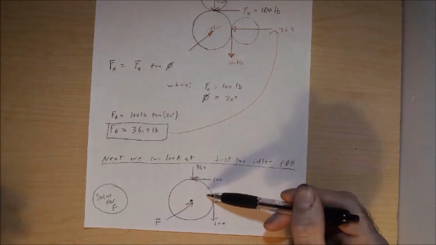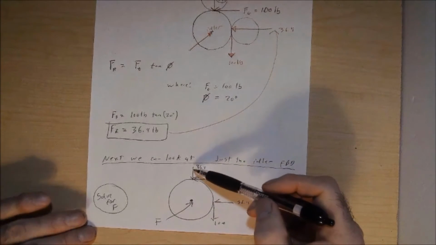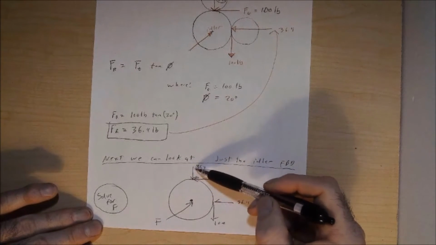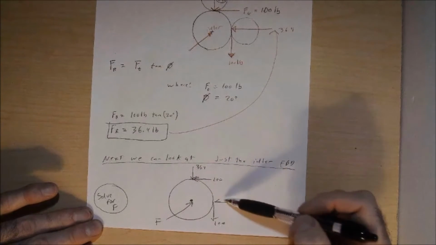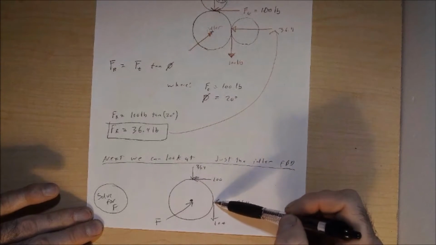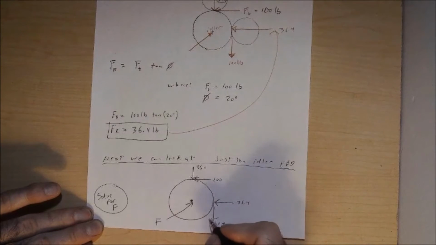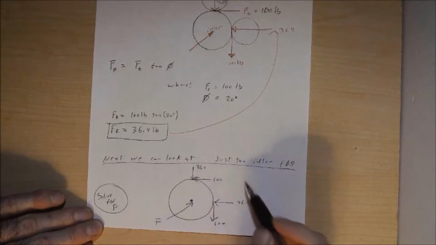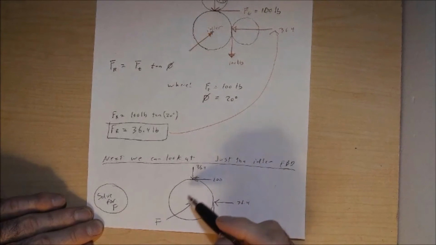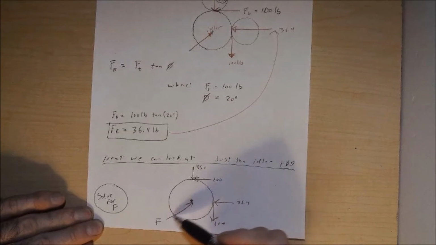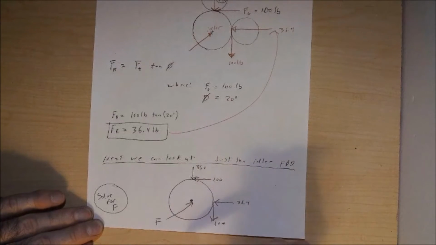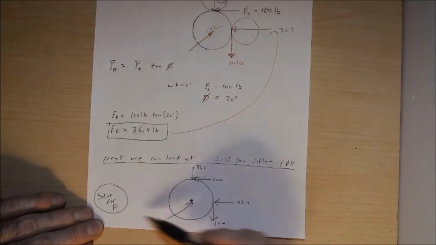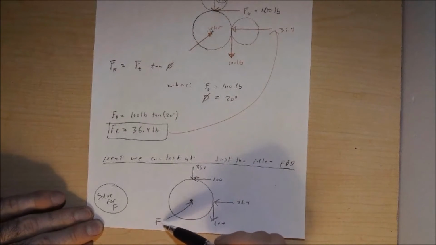So let's take a look at our idler gear. We know we have this F sub R coming in of 36.4, our F sub T of 100, 36.4 coming in perpendicular here as well, and 100 down here as well. So now we have this free body diagram, and we have this F coming up, acting on the shaft for the idler, and what we need to do is solve for this F.